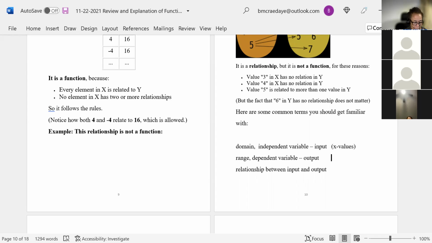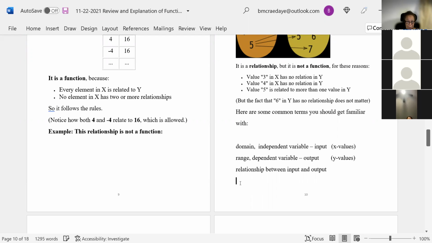I'm using this on the coordinate grid where you have the X, the horizontal, and the Y, the vertical. And ordered pairs means every X is paired with a Y. So if you were given ordered pairs, you could pick out the X values because they occur first, and then the Y values. That means you can pick out the domain and you can pick out the range.